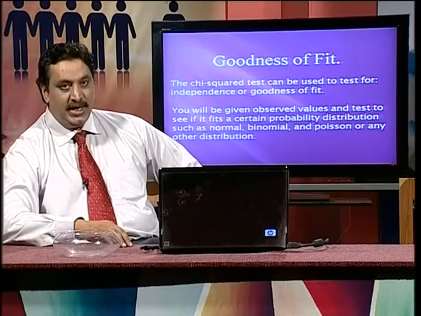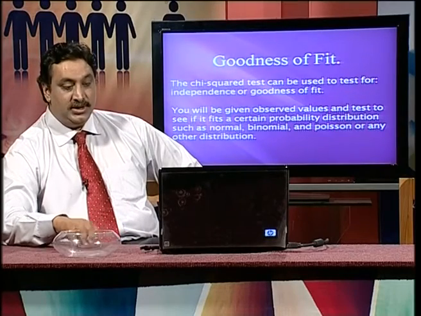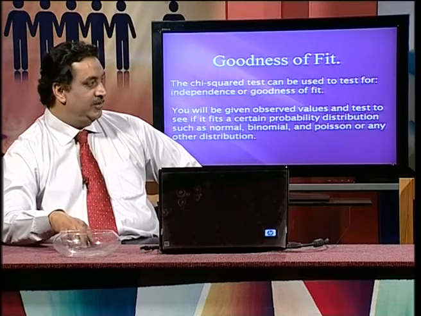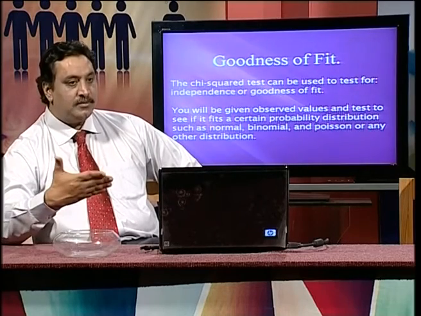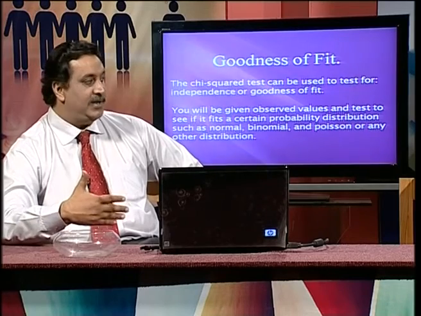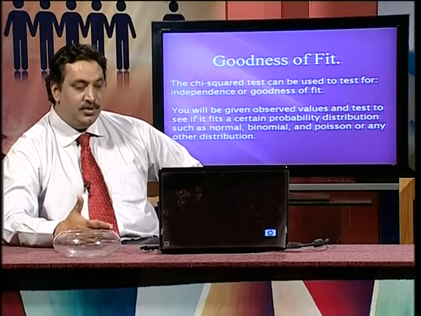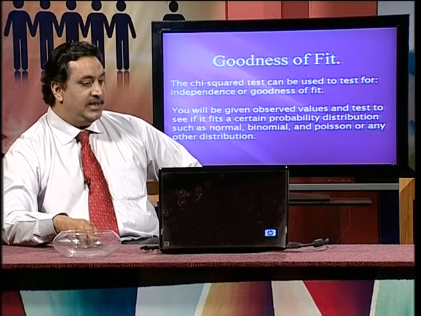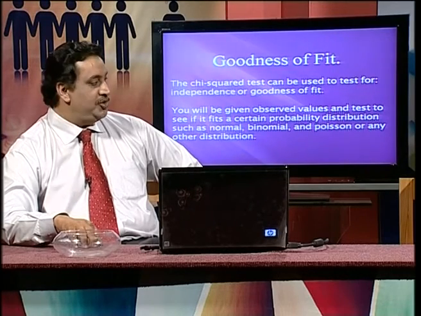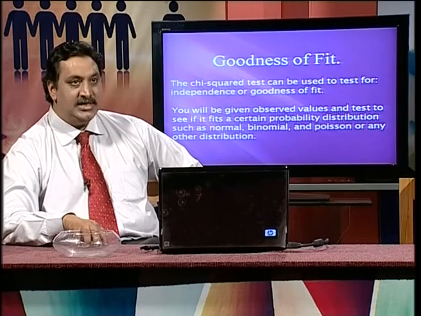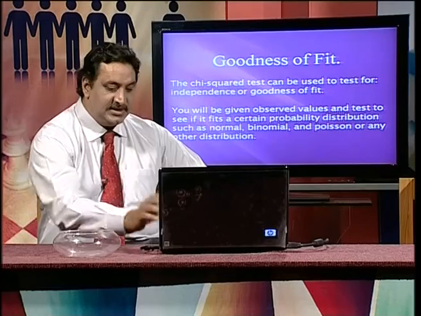This value we compare with the probability distribution's estimated value. The value we get from the sample is known as the observed value, and the value we get with the help of some distribution, maybe the binomial or the Poisson, is known as the expected value. This is the goodness of fit.